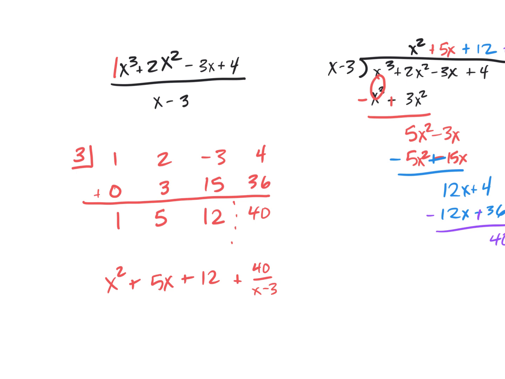A cubic divided by x should be some form of an x squared. Everybody good? Now, synthetic division only works if this is a 1x plus or minus some number, okay? It can only be x to the first. So, that being said, I'm not a jerk. I'm not going to give you a super crazy one.